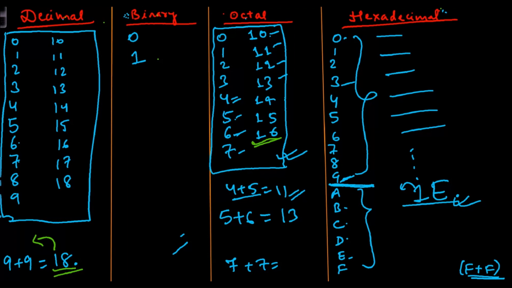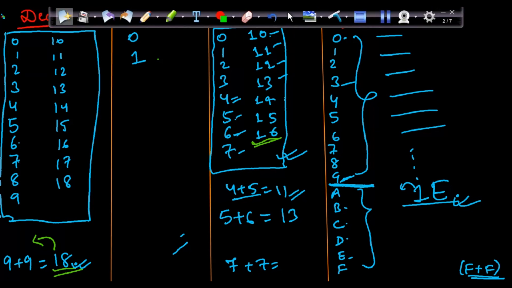But let me give you an intuition. Why is the carry always 1? You don't have to go and add the largest numbers to find it out. Just think about this. When you are listing all the numbers in a number system, how do you do it? You write successive numbers, right?